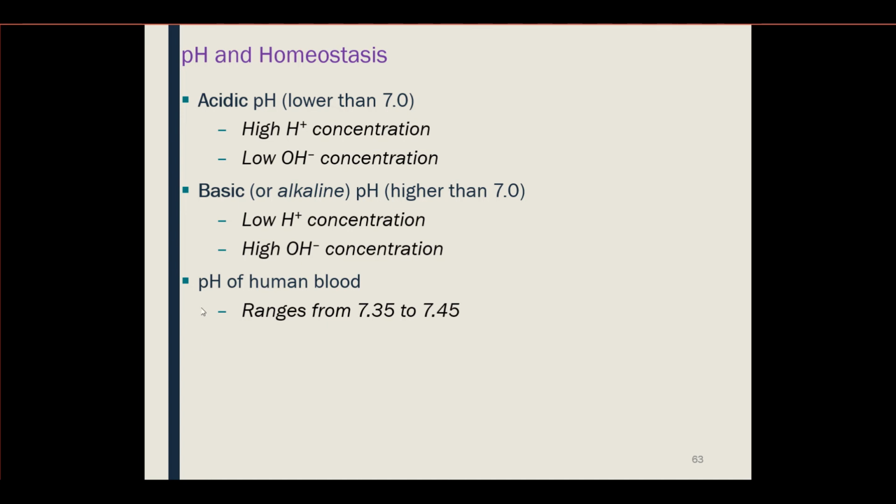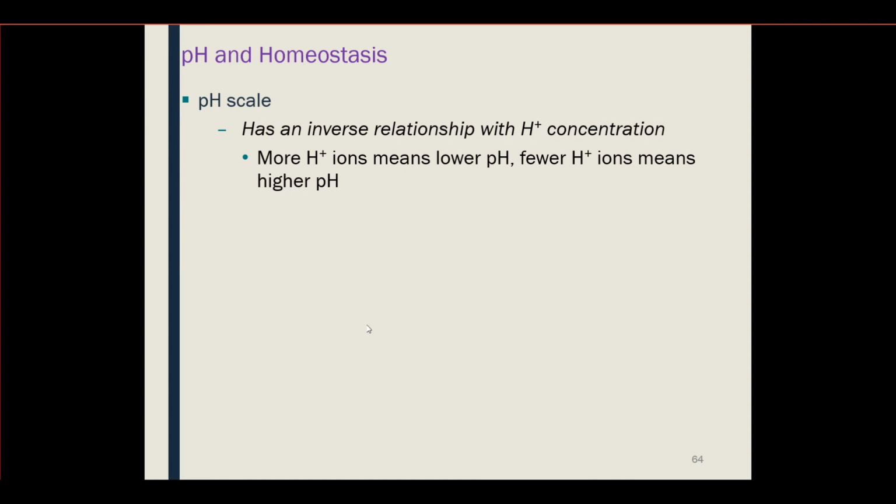This number I want you to know: the pH of human blood is on the alkaline side. It is 7.35 to 7.45. We want to always keep blood right in this range. If blood became too acidic, like I said before, it could be fatal.